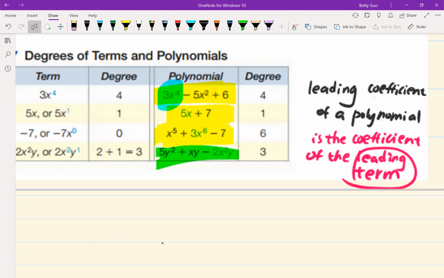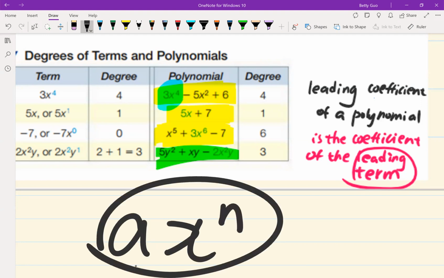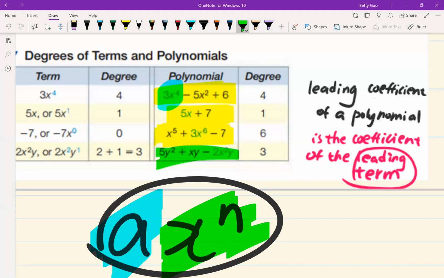So we start with the leading term. We learned term in chapter 1, right? If you look at the structure of a monomial, that is one term. This is the numerical part. This is the variable part, right? So sometimes we call a monomial a term. A monomial is a term. A term might not be a monomial, but a monomial is a term.